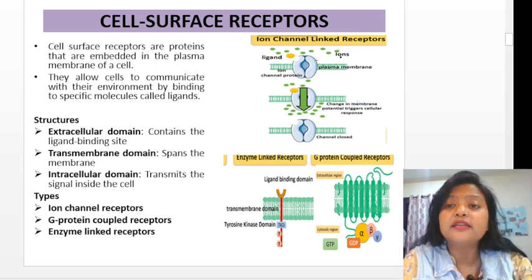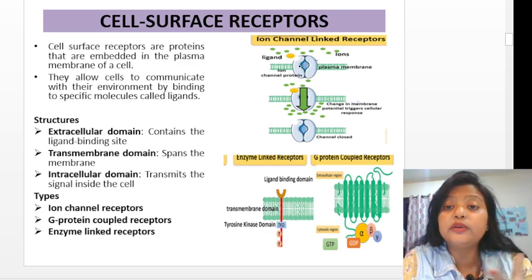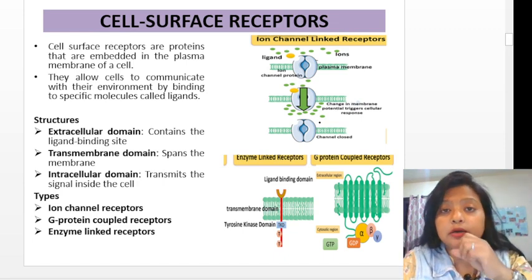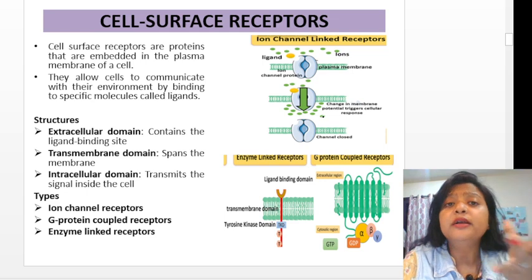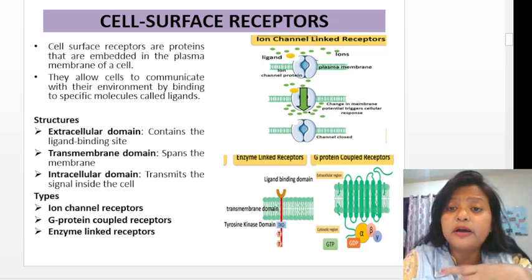What happens out here is some ions are detected, they come. This channel will open as soon as the ligand comes and binds. It will lead to opening of the channel. When the channel opens, there's a change in the membrane potential. After that the channel will close when the signal has already been transduced and sent into the interior part.